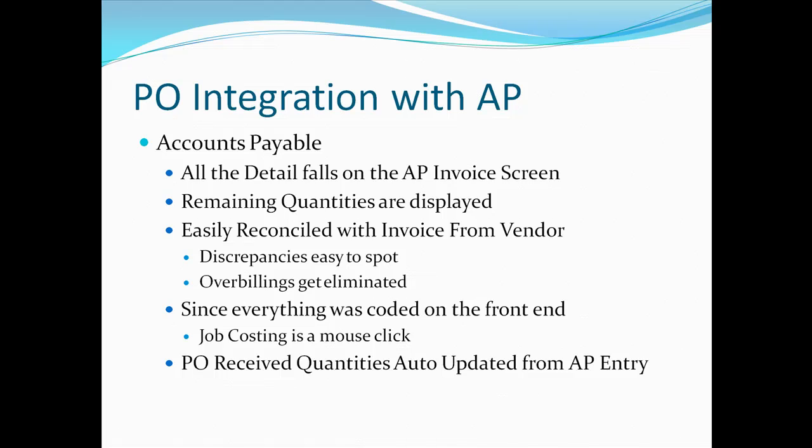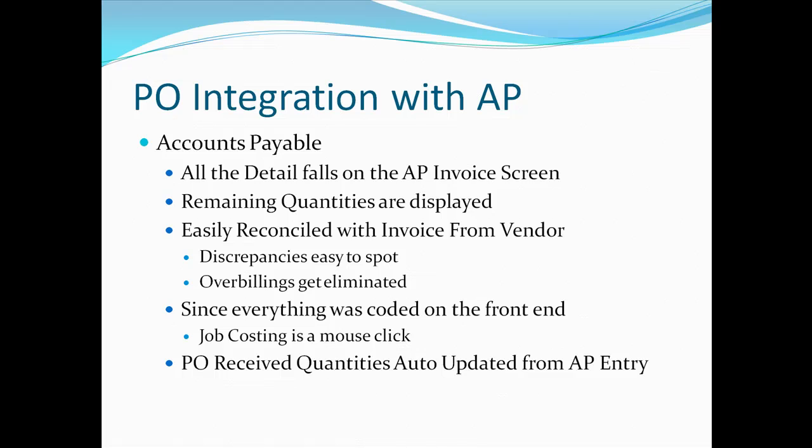If we do this correctly, we can easily reconcile the invoice from the vendor, spot discrepancies, and eliminate overbillings. We've seen lots of money saved just with the ability to easily spot this information. And since everything was cost coded on the front end, the AP invoice is literally job costed with a mouse click.